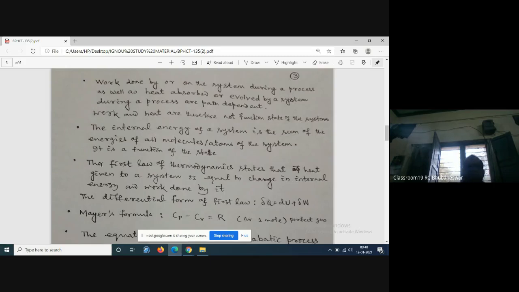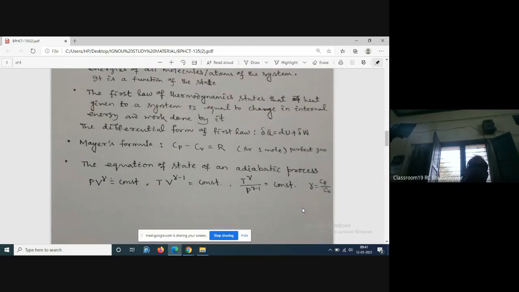So in mathematical form, we can write delta Q equal to dU plus dW. dU is the change in internal energy, U is the symbol for internal energy, and dW is the change in work done. This is the first law of thermodynamics.